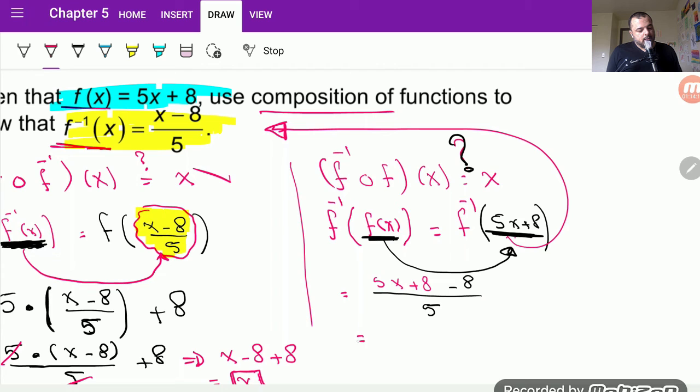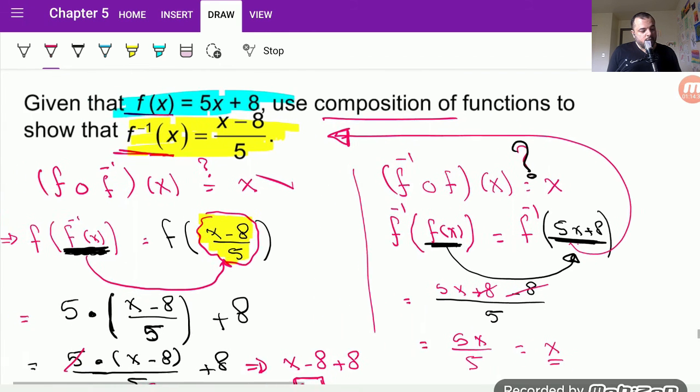So what do we get? 8 minus 8 is 0. Then we get 5x over 5, which is x. So we got x. f composed with f inverse of x, we got x. And f inverse composed with f of x, we got also an x. So what can we conclude?